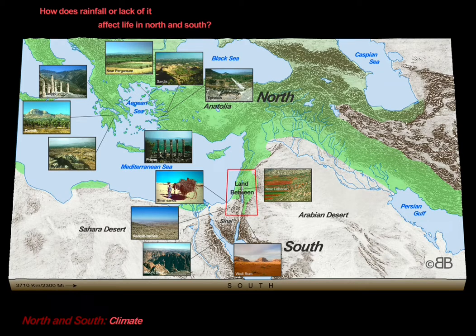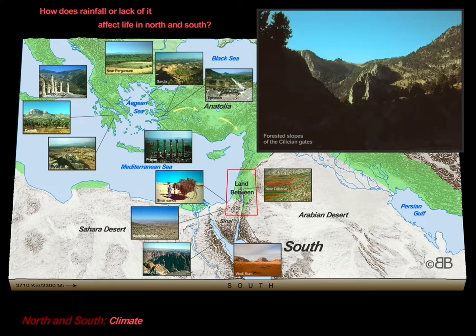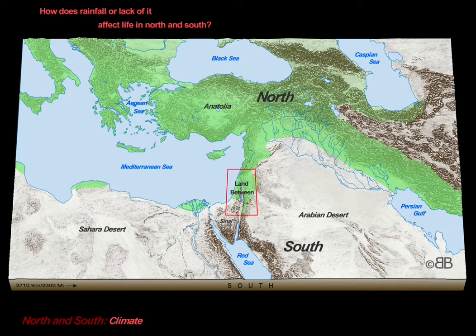These valleys also served as roads to the interior, and trade routes bustled with activity. From central Anatolia, the forested slopes of the Cilician Gates offered one of the main passes to ports on the northeastern Mediterranean. Lack of rainfall, however, restricted southern occupation to springs and water holes.